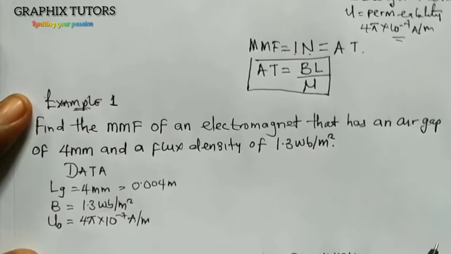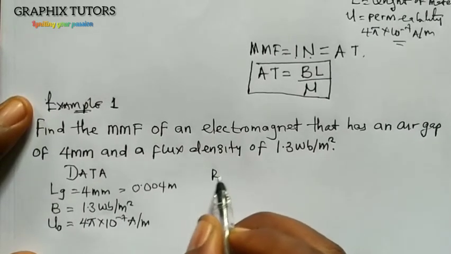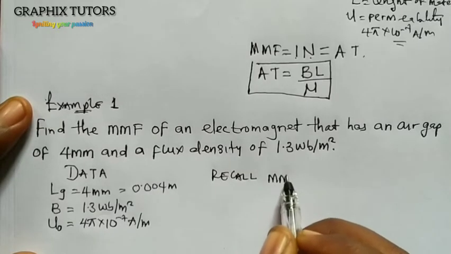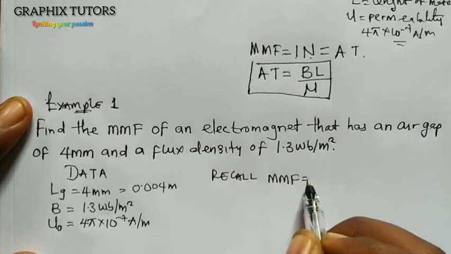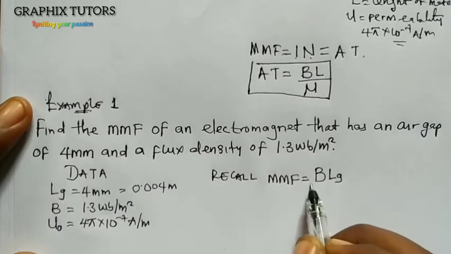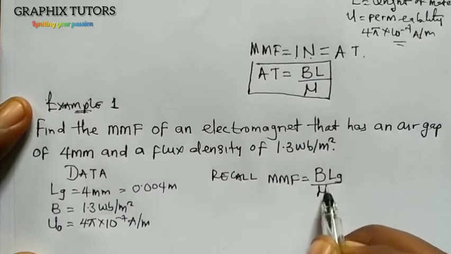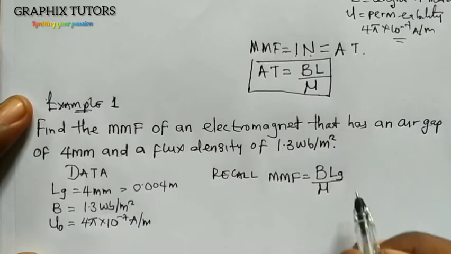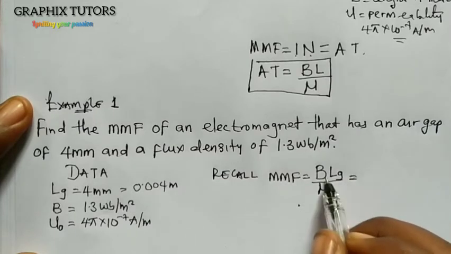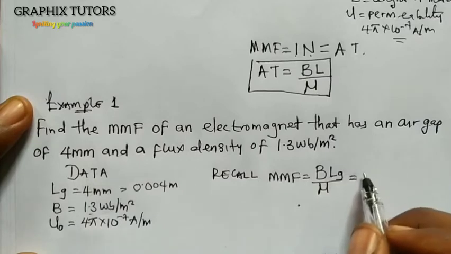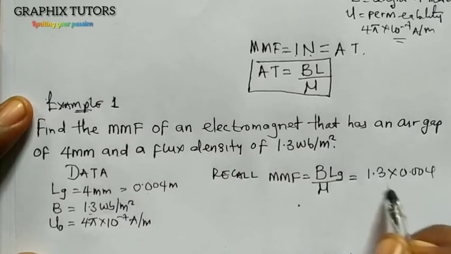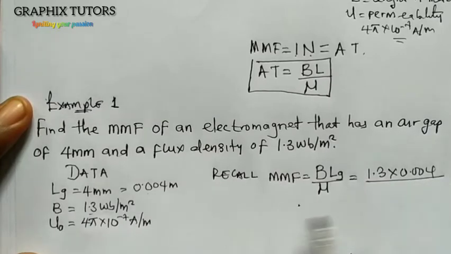So what I'm actually going to do here is this. Recall my MMF in terms of air gap is equal to the flux density times the length, but this time the length of the air gap, all over permeability. Right? Now if I move forward, my B is 1.3 multiplied by LG, which is 0.004, all over 4 pi times 10 to the power minus 7.